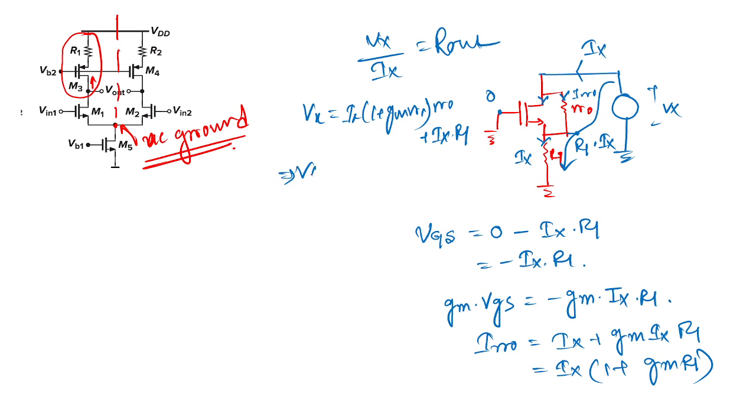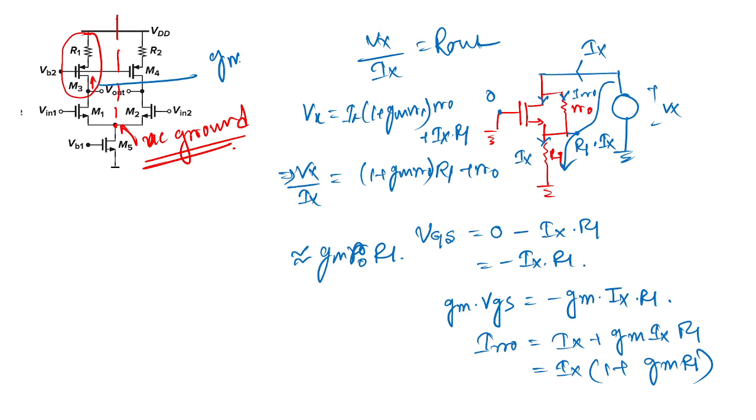So Vx by Ix is equal to (1 plus Gm R0) into R1 plus R naught. Approximately its value will be Gm R0 times R1. So this resistance value will be Gm3 RO3 R1.